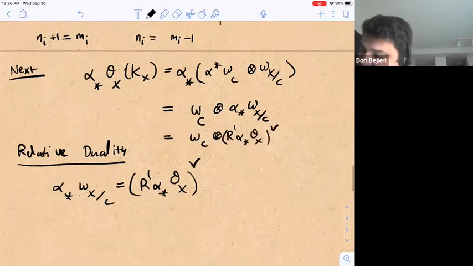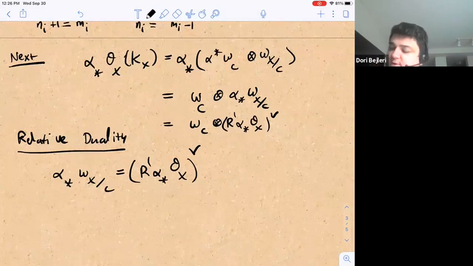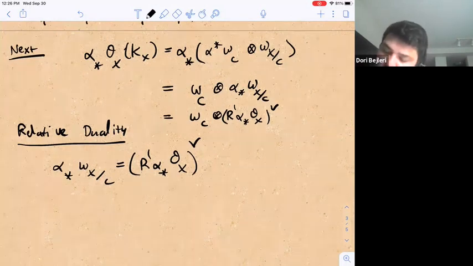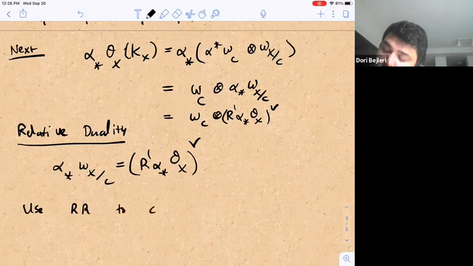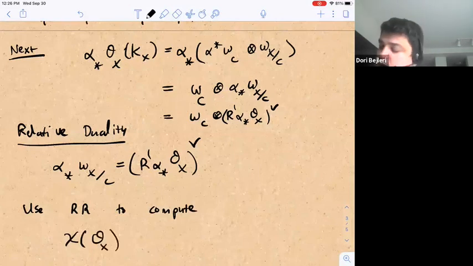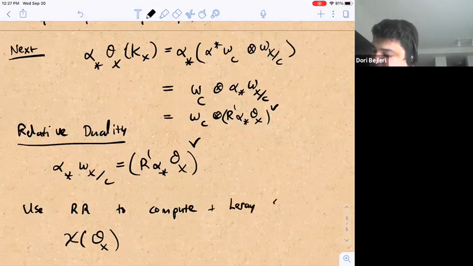And then the last thing is to compute the degree of this, and basically we use Riemann-Roch to compute chi of O_X, with the caveat that you also want to use the Leray spectral sequence.